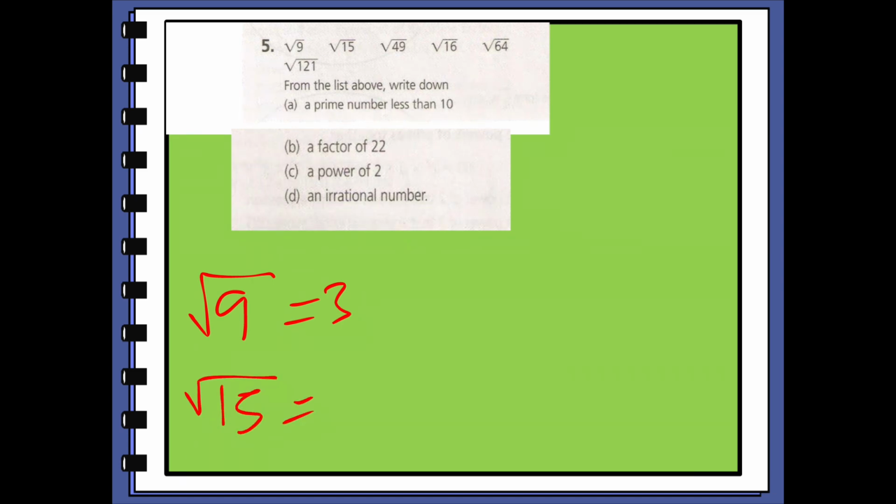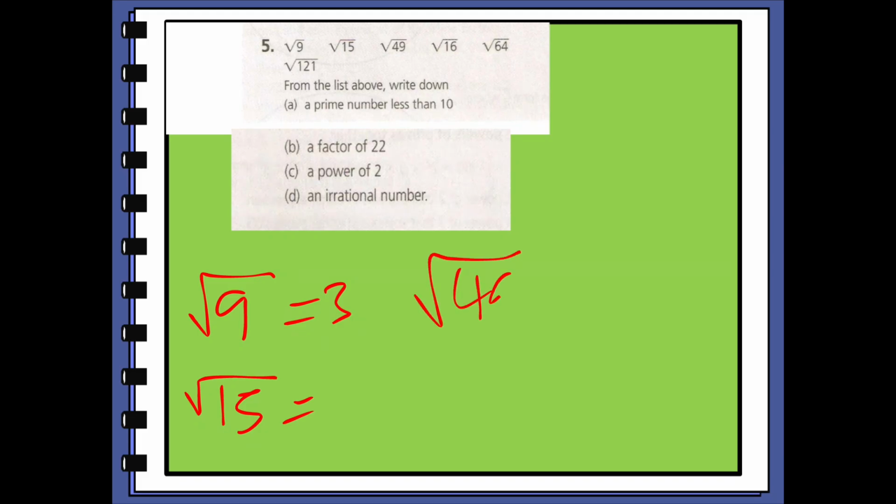Square root of 15, which two numbers do we multiply to get 15? Two same numbers. Okay, let's try, because 4 times 4 is 16. Okay, we'll get back to square root of 15.